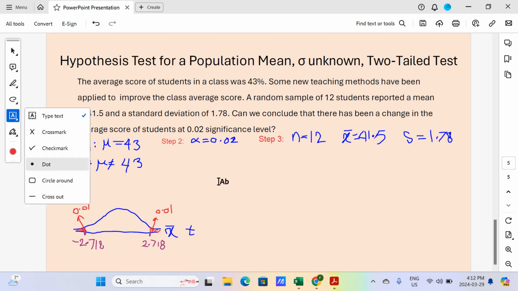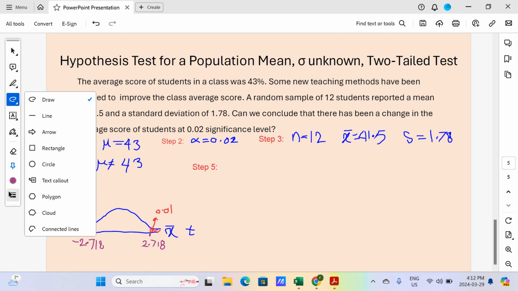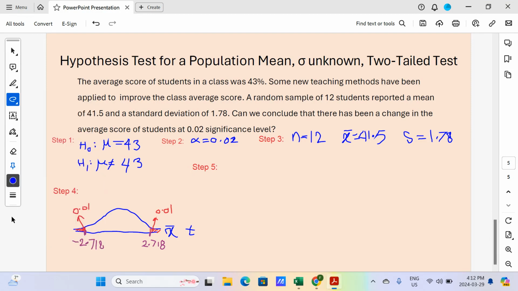Step 4 is done. Now step 5. In step 5, I need to find the t-value of x bar by this formula. Because sigma is unknown, we are going to work with the t distribution.